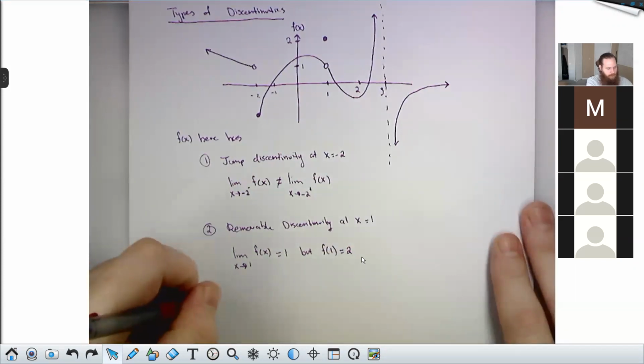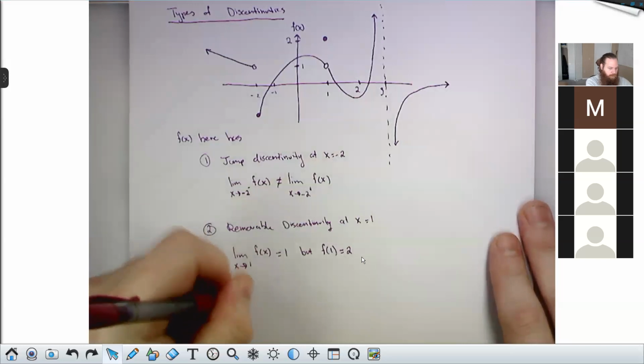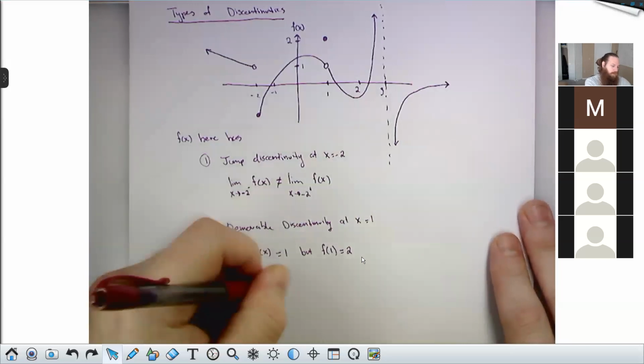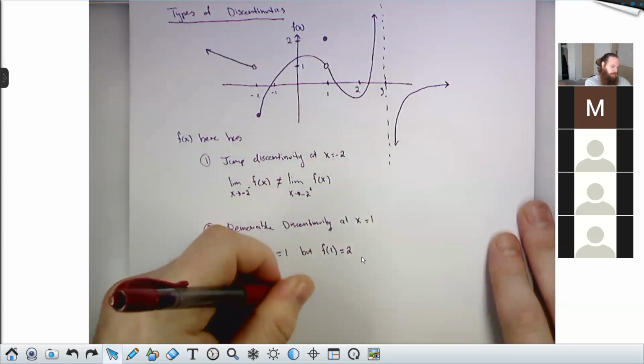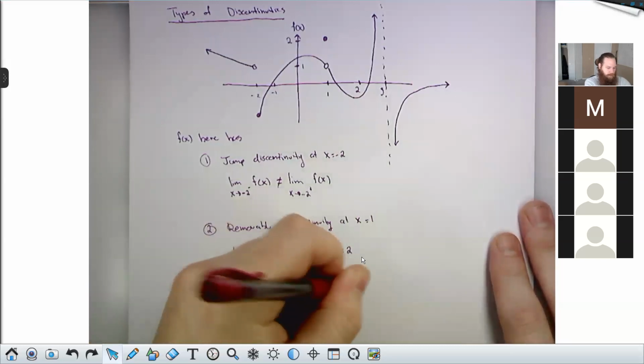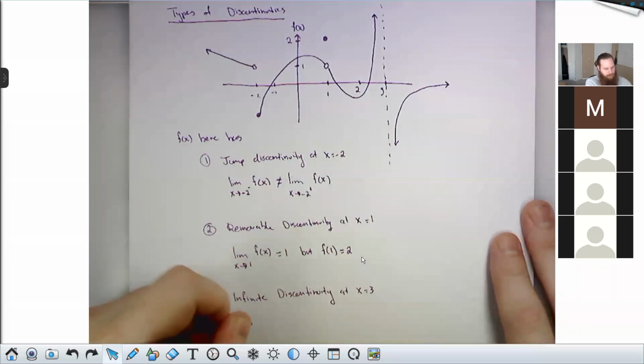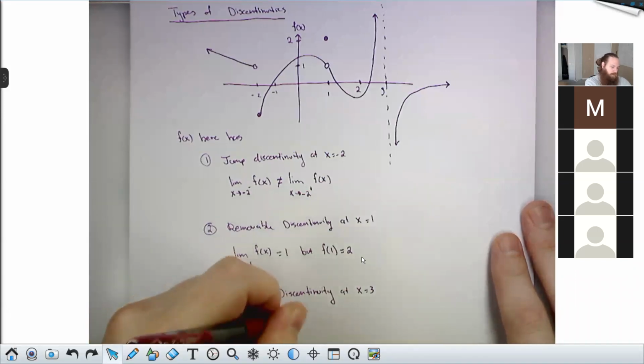And then at x equals 3 we have an infinite discontinuity at x equals 3. Because here the limit as x approaches 3 from the left of f of x is infinity.